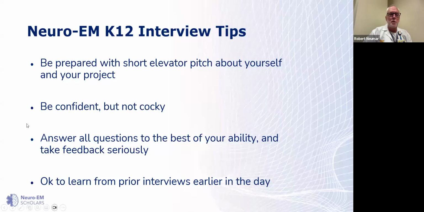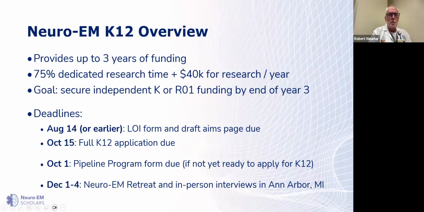Next is just a final overview of the program. Just a reminder that this is really for 3 years of funding at 75% dedicated research time, plus 40,000 a year for research programs.